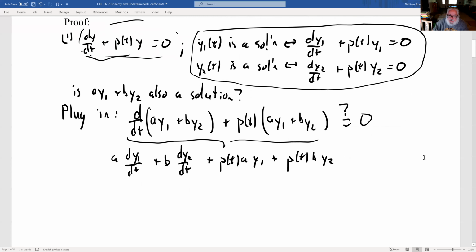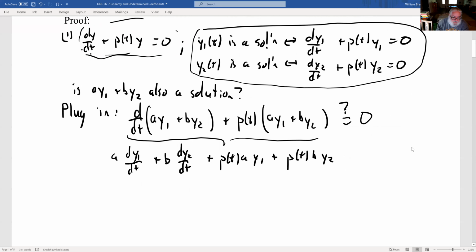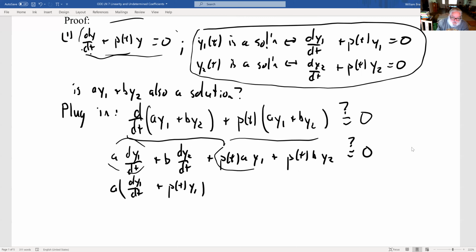Great. So what am I going to do with that? I am going to gather all my terms with an a together. And we'll have my big question mark equals 0. a times (dy1/dt plus p(t)y1). So this term has an a in it and that term has an a in it, plus b times (dy2/dt plus p(t)y2).